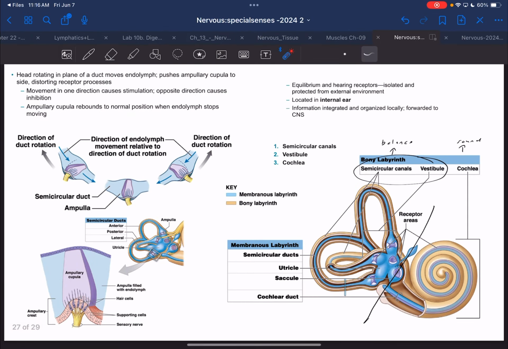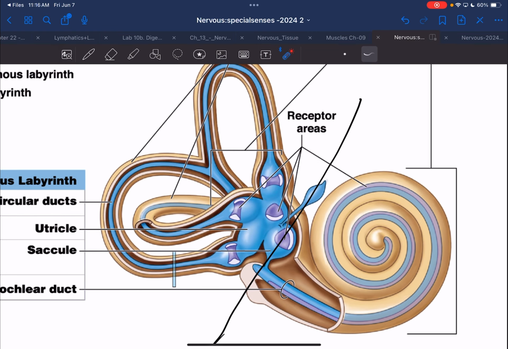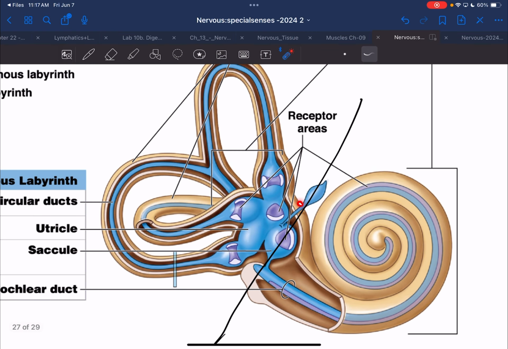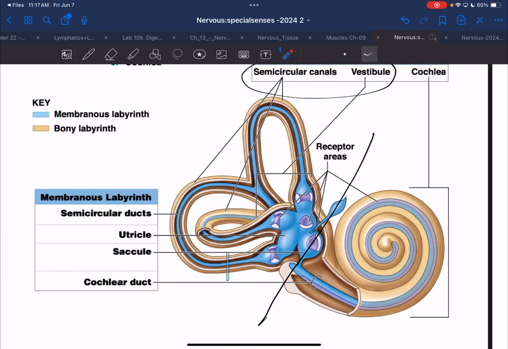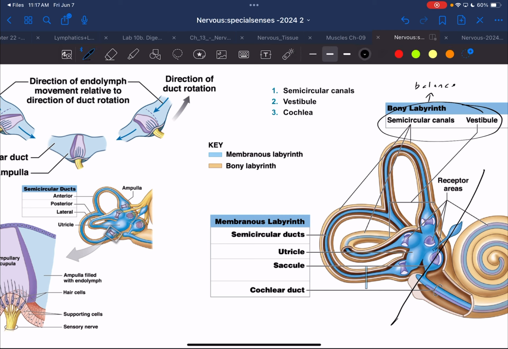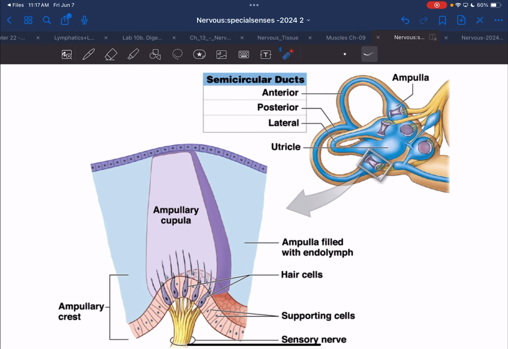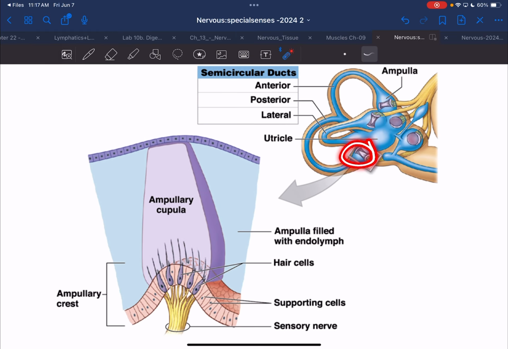And so how you detect balance is that if you look at the vestibule and the semicircular canals, what you find inside of these three regions is what's called the cupula.